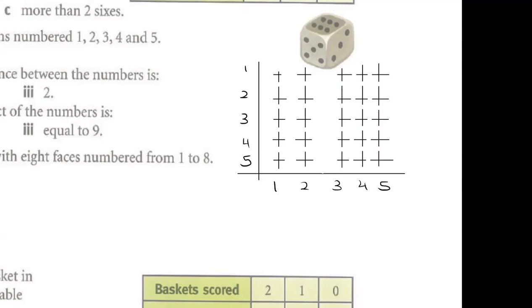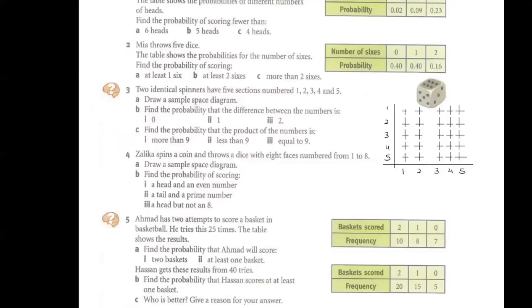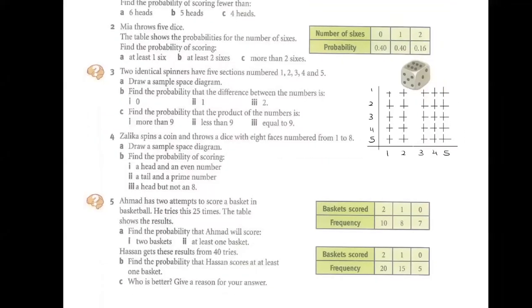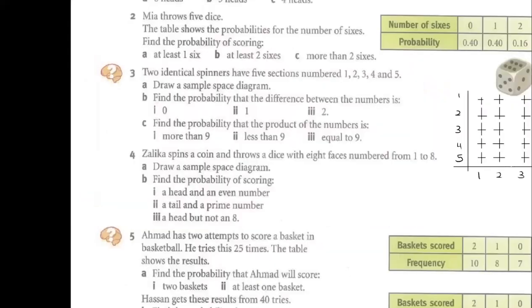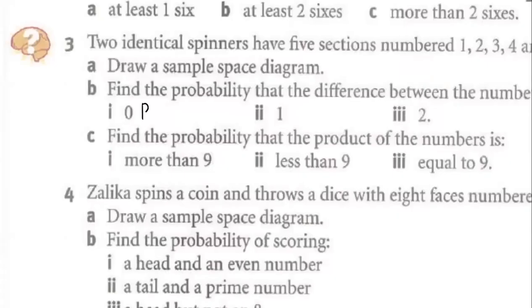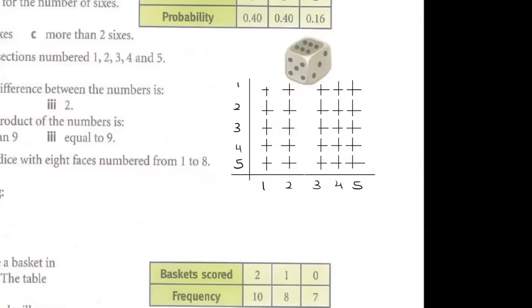Okay, so once you're done already, then we need to find the probability that the difference of a number is 0. Difference of a number of 0 means same numbers. Because only the same numbers minus each other, then you can get the answer that is 0. So where same number will be 1 and 1, 2 and 2, 3 and 3, 4 and 4, 5 and 5.